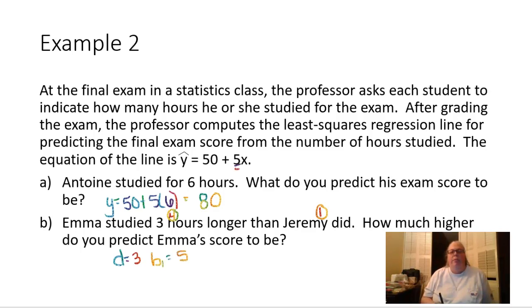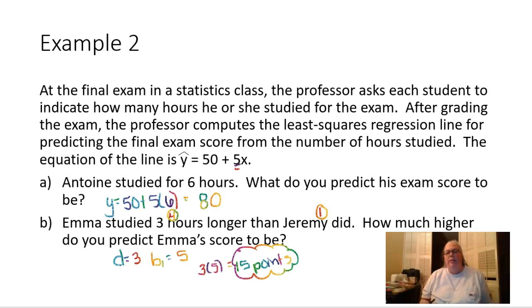That's 5. Therefore, we would predict the difference in their scores to be 3 times 5, or 15 points. So we would expect a 15-point differential between Emma's score and Jeremy's score.